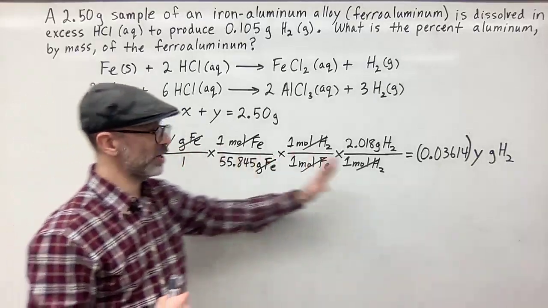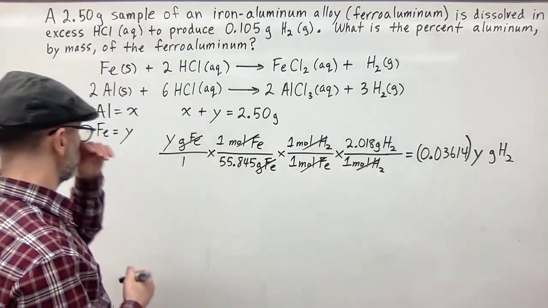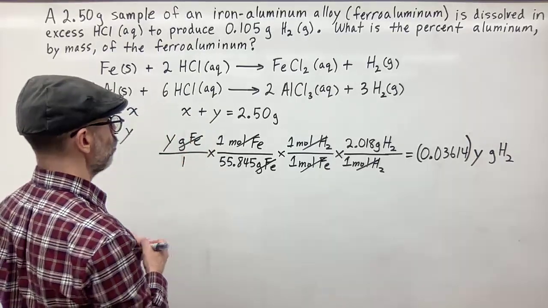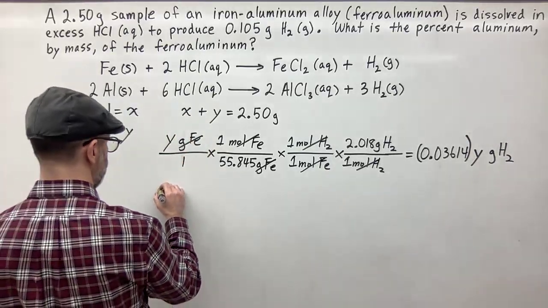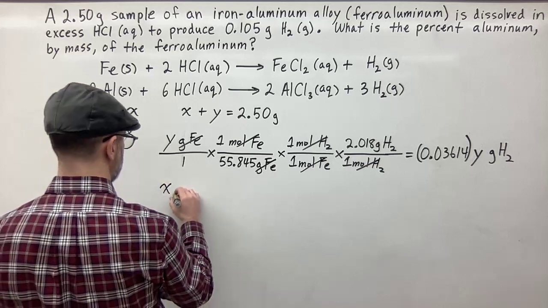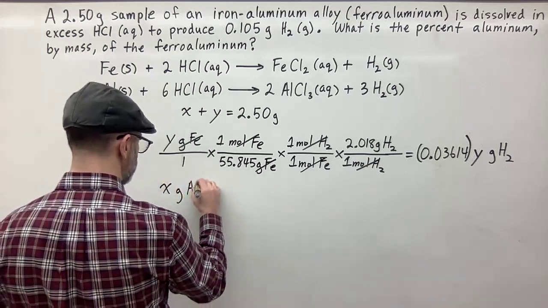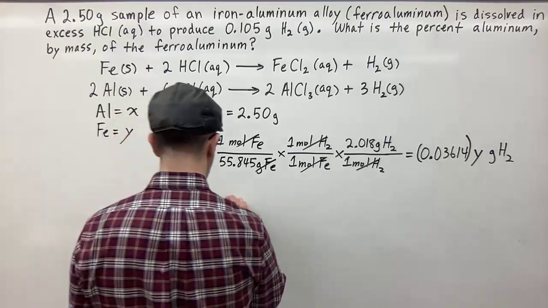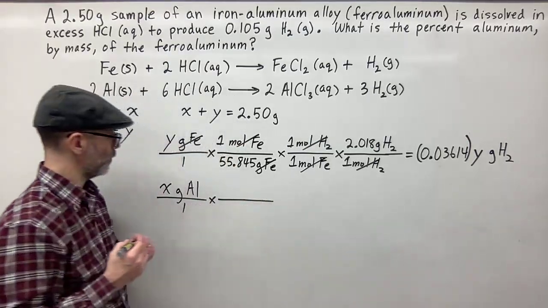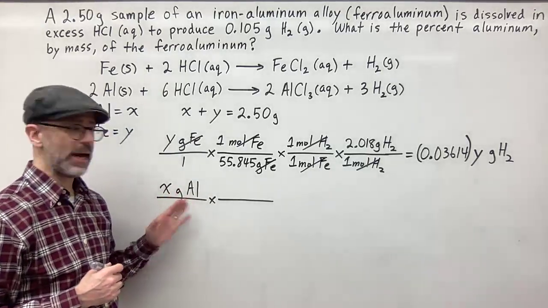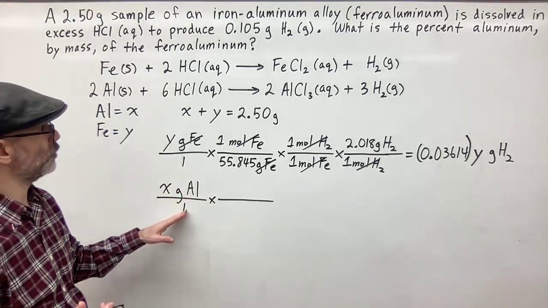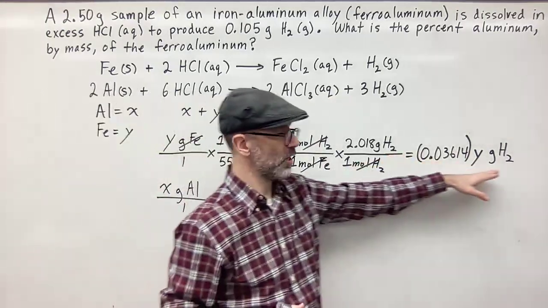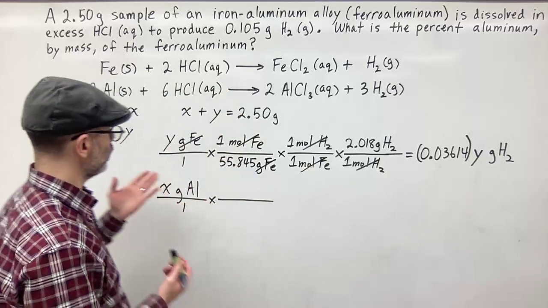So now I did the iron, now I can do the aluminum, X, right? So I start with an X amount of grams of aluminum over 1, and then I'm going to do the exact same thing. I'm going to take grams of aluminum and convert that using stoichiometry, using this bottom equation now, to grams of hydrogen from the aluminum.